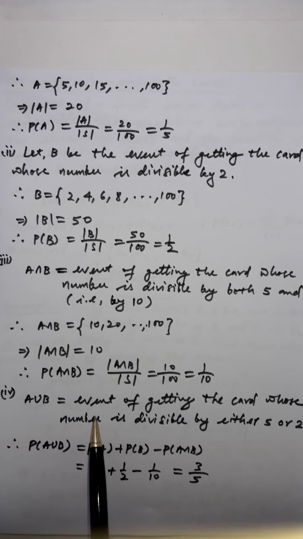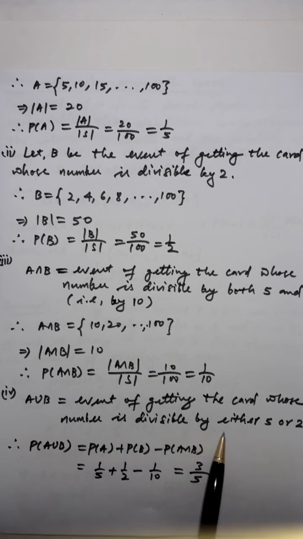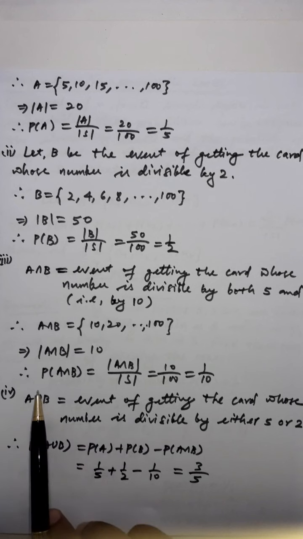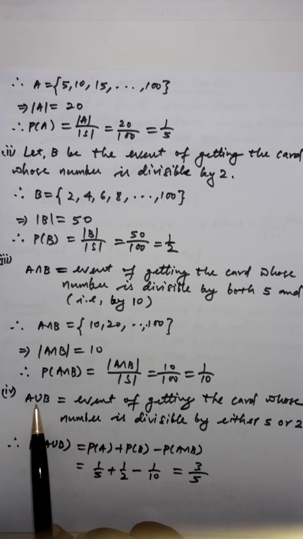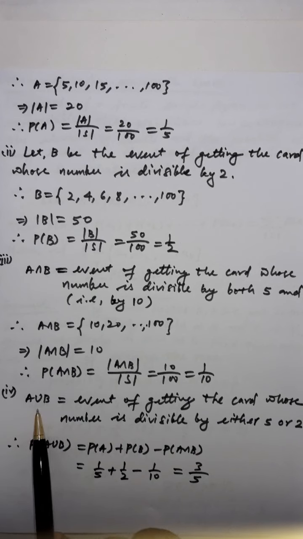And the last question is to find the probability of the event of getting the card whose number is divisible by either 5 or 2. This event, either 5 or 2, can be symbolically written as A union B, as we have discussed earlier. Now for that, we don't need to calculate the size of A union B, which will be very hectic here.